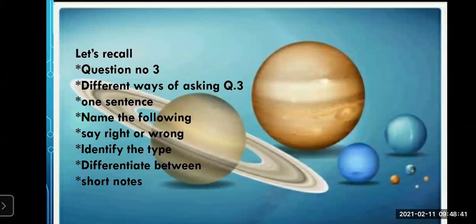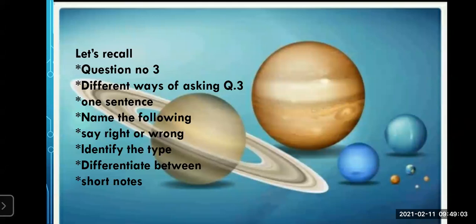We have also seen how it can be asked for name the following also. It can be asked in answer the following. It can be asked in name the following also. And here also, when you are attempting name the following, you have to attempt 4 out of 5. Any 4 you have to attempt. And how it should be written, we have seen in the lecture.